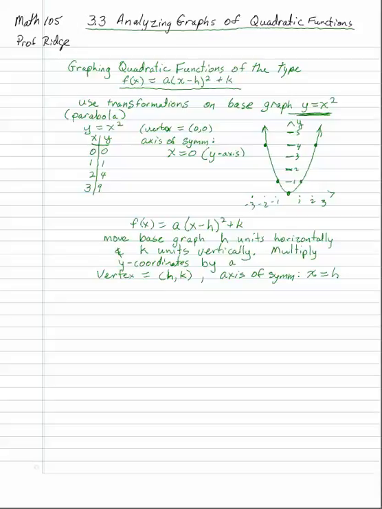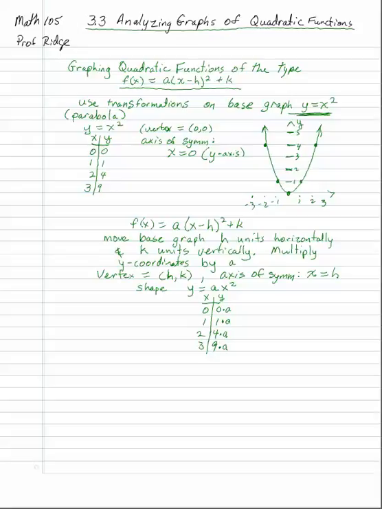And this is the way I think of it. It's going to have the shape of y = ax². So when I do my base graph, (0, 0), (1, 1), (2, 4), (3, 9), (4, 16), so on, then you're going to multiply the y coordinate of each point by a. Okay?